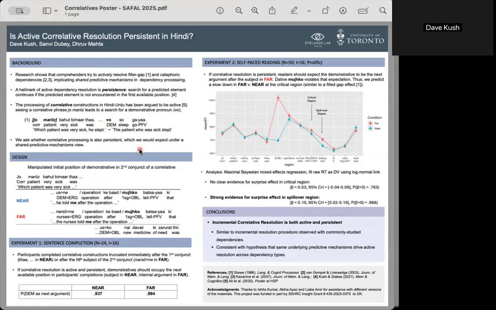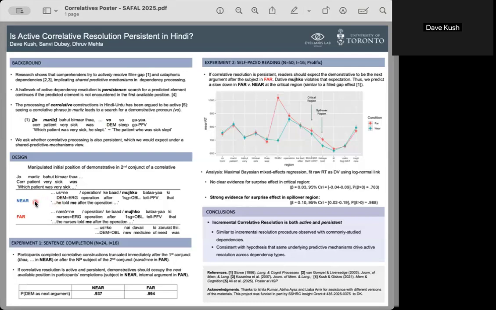In order to do that, we created a two-condition design where we gave participants correlative constructions that started with a correlative phrase, such as the one below, which patient was very sick. And then we manipulated where in the matrix clause the first demonstrative phrase showed up.